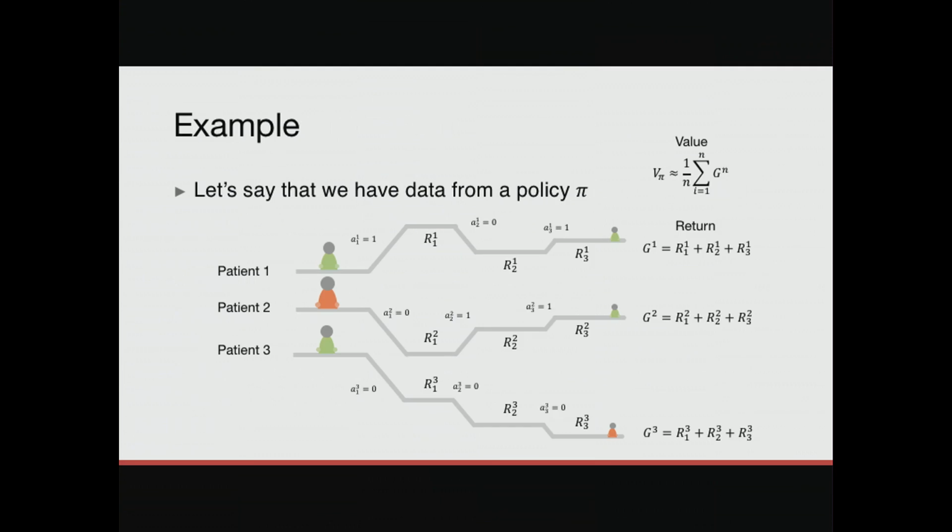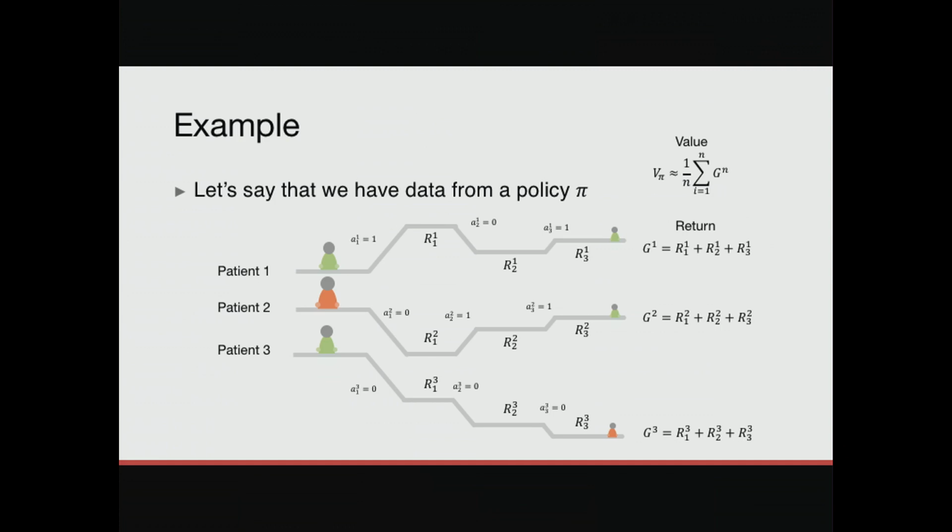So as an example, I drew a few trajectories again, because I like drawing. And we can think about 3 different patients here. They start in different states, and they will have different action trajectories as a result. So we're treating them with the same policy, let's call it pi, but because they're in different states, they will have different actions at the same times. So here we take a 0 action, we go down.